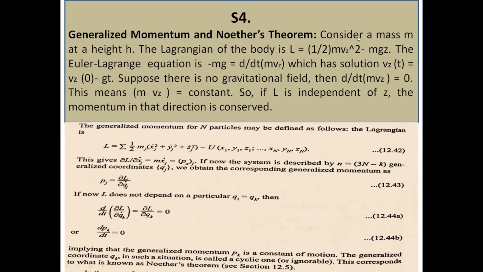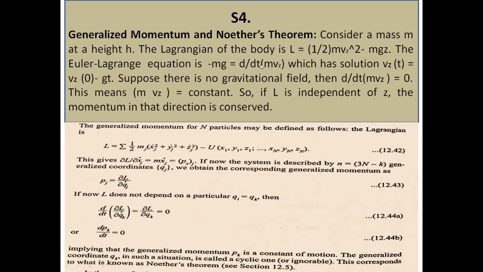Del L del xj dot is m xj dot, which is the momentum component of the jth particle along the x direction, and the system has 3n minus k generalized coordinates qj. I think I have discussed it already.